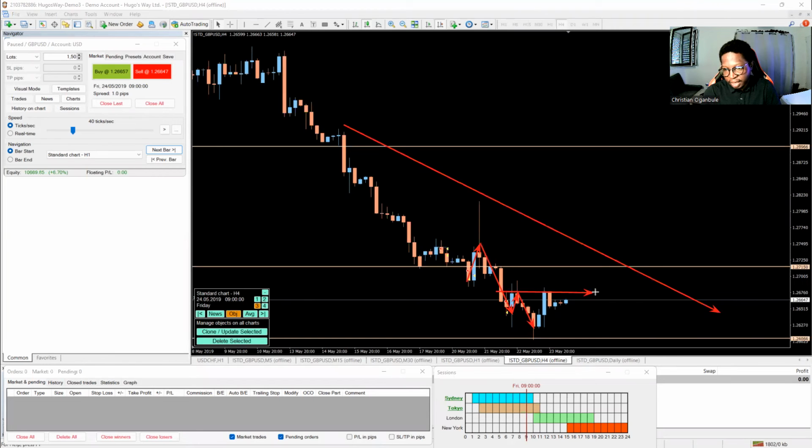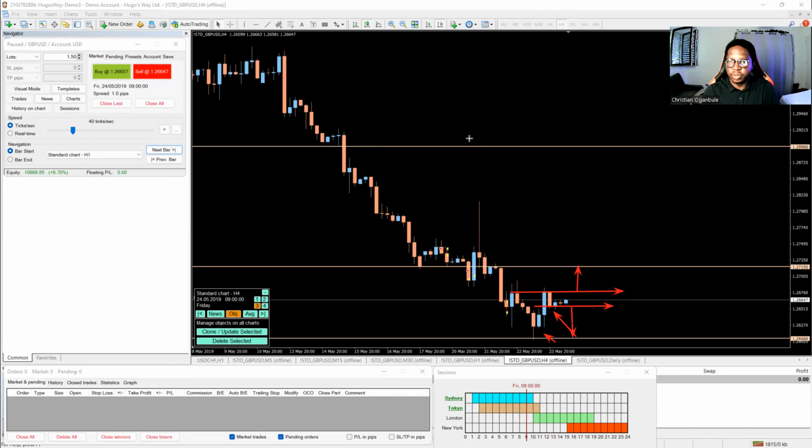This would have been a level to change structure, but price did not close above. So now if we can break this support, then we will be doing what is called a triangular flow to the downside. Again, for buys, listen to this: since we have created higher support now, if we close above this, I think we can take a breakout trade to the upside. If we close below here, it was an opportunity to continue down.